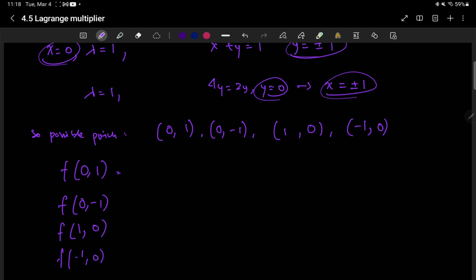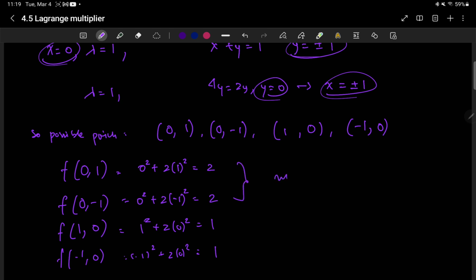Since our function is just x squared plus 2y squared, this is going to be 0 squared plus 2 times 1 squared, 0 squared plus 2 times negative 1 squared, 1 squared plus 2 times 0 squared, and negative 1 squared plus 2 times 0 squared.